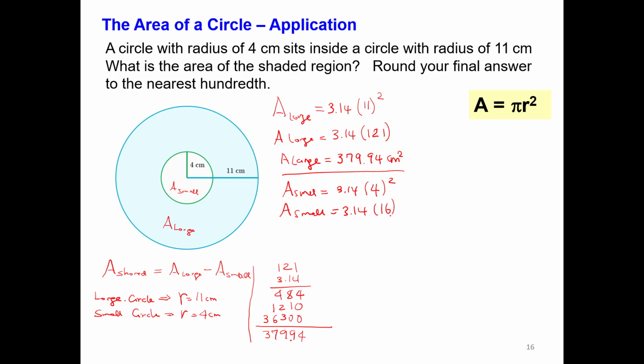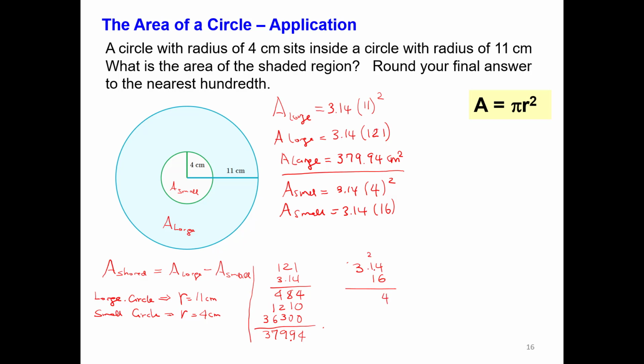What we need to multiply is 3.14 times 16, multiplying these two numbers. 6 times 4 is 24.